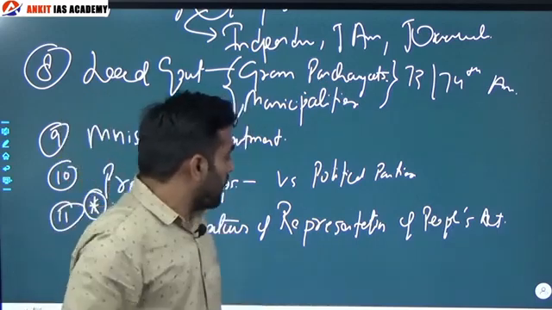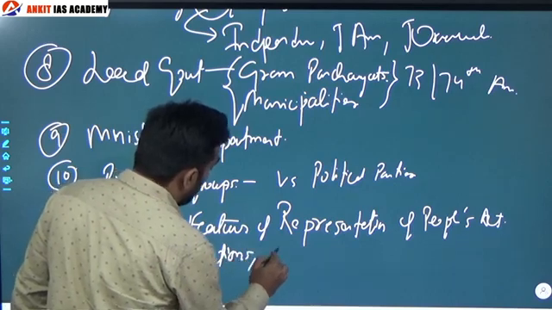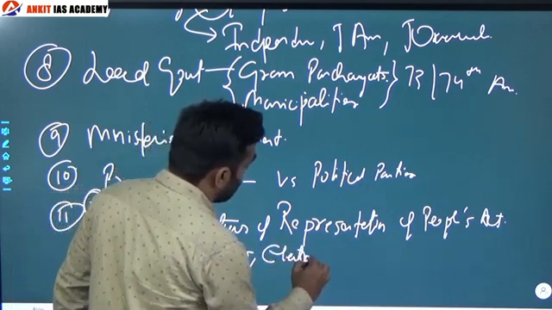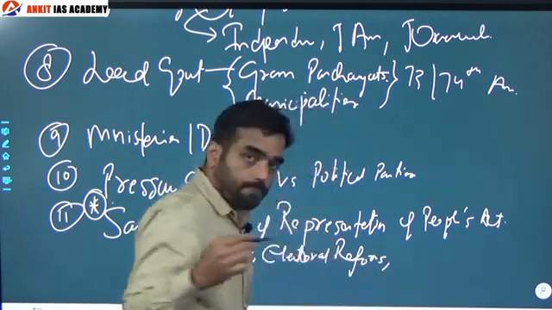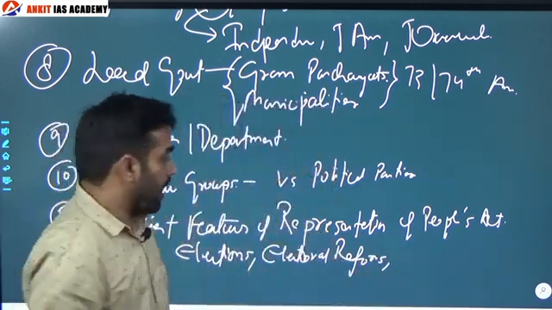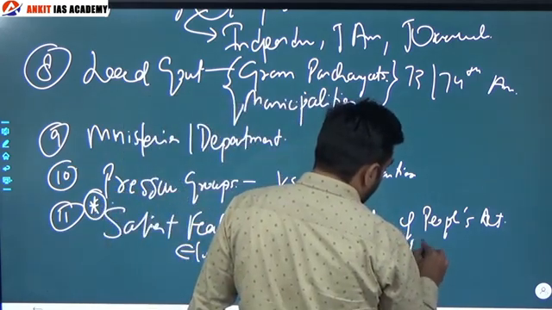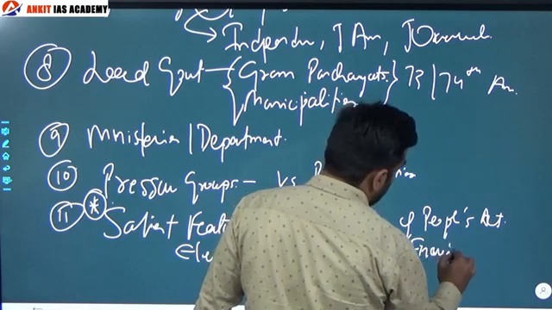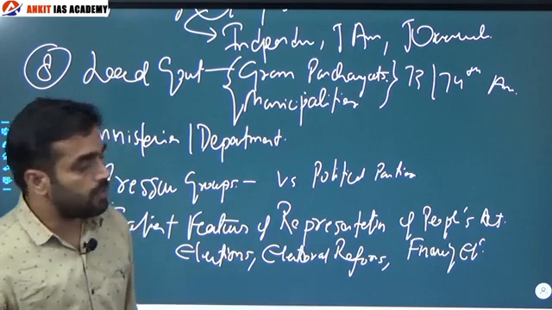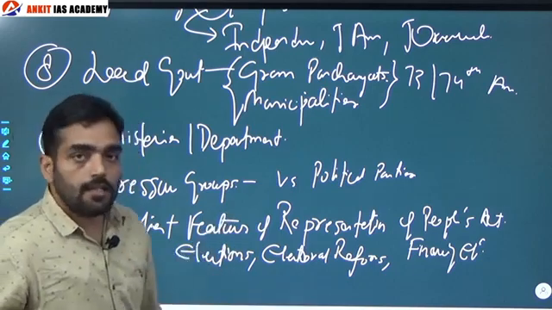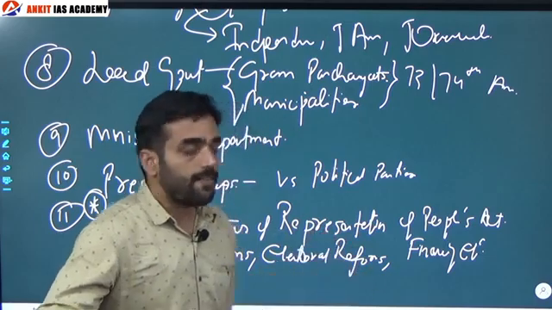It basically talks about elections, electoral reforms, and also financing elections. So there is a new development in the past 4-5 years, that is electoral bonds. So every year, one type or the other, one question will be formed from this part. Fine.